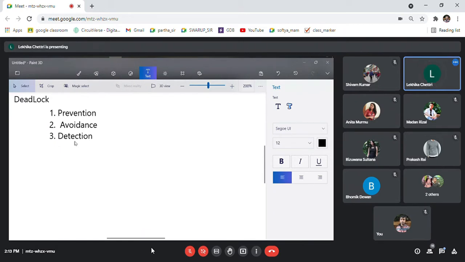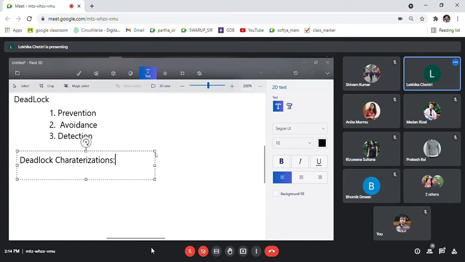Deadlock has some characteristics. If we think that there may occur deadlock in a system, then there are some necessary conditions for deadlock to occur. This is deadlock characterization. What I mean by this is, how do we know that deadlock will occur?